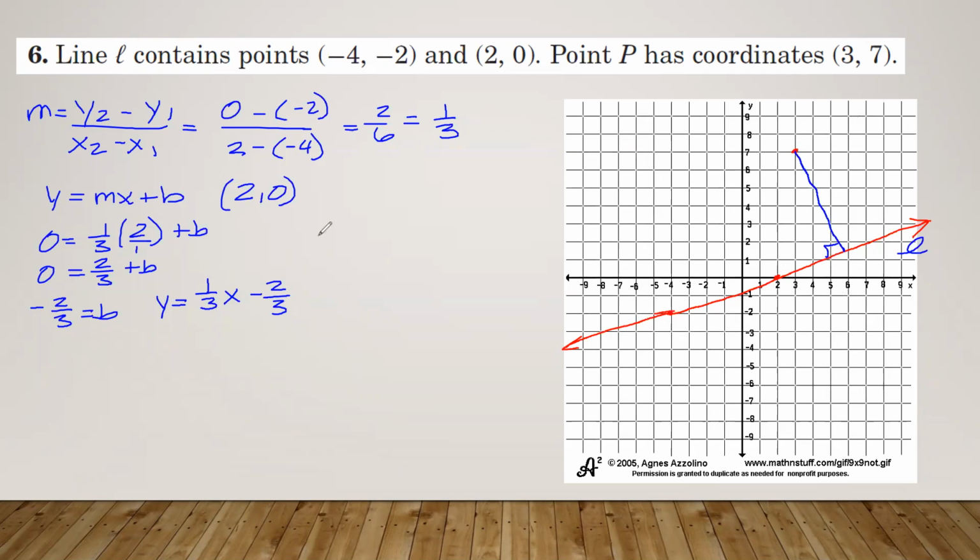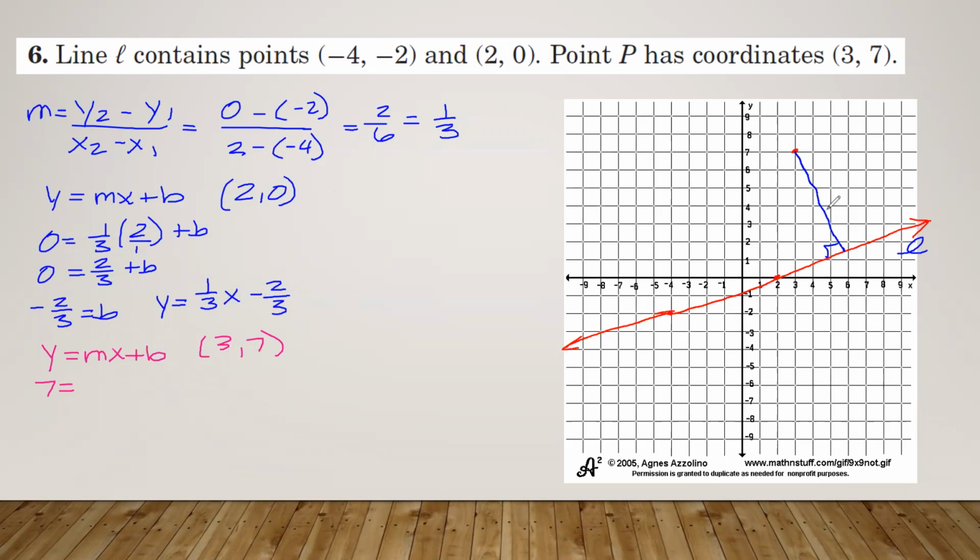Let me change the color here. Again, I'm going to use y equals mx plus b, and the point, remember, is (3, 7). So I'm going to try to figure out my b value. I'm using 7 for y.